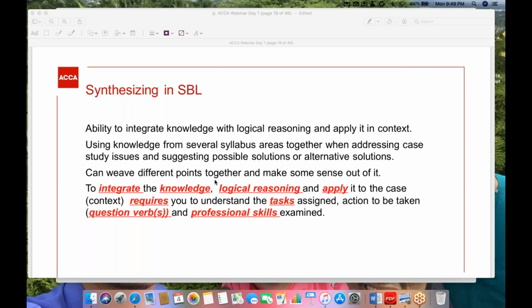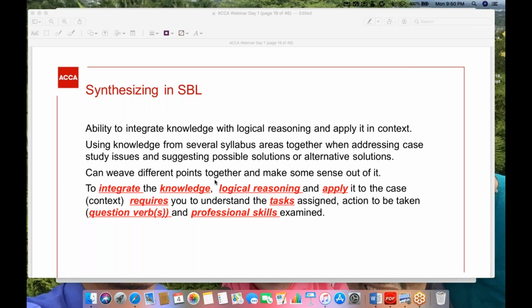In synthesizing as well, you must integrate the knowledge and logical reasoning, and apply it in the case study or in the context. To do this, you need to understand the task assigned, the action to be taken, that is from your question verbs, and the professional skills examined.